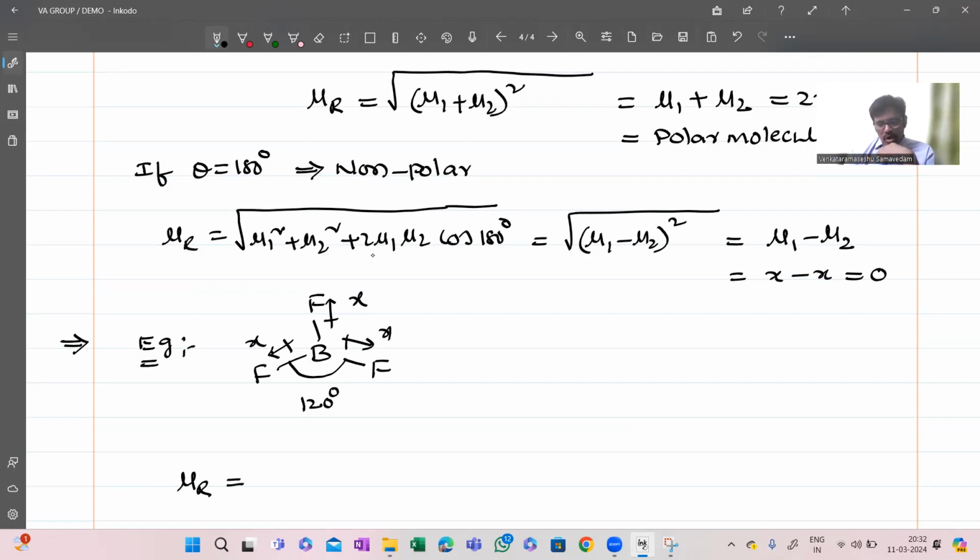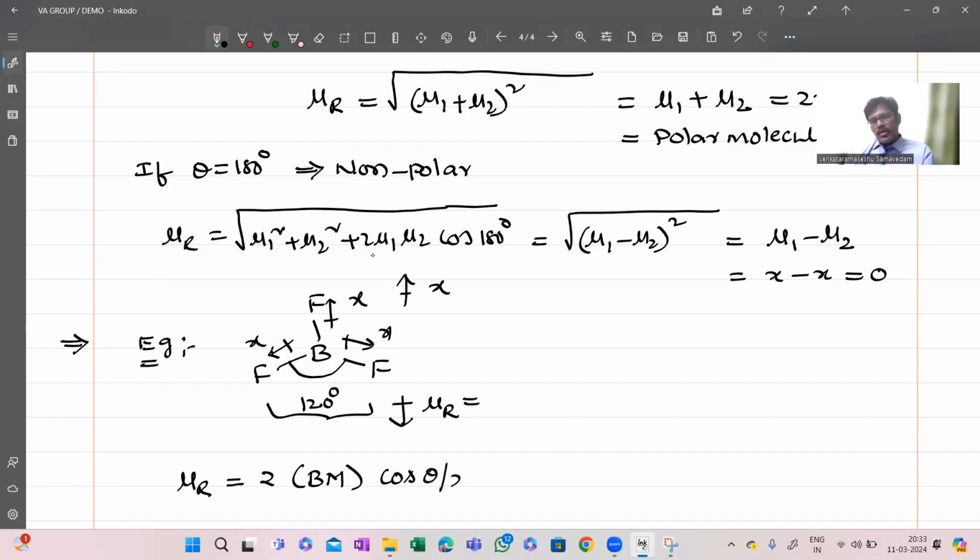But here two bonds are exactly opposite to one bond. In this one bond, the bond moment is X. But for the two bonds, if I want to find the bond moment, we have to use a formula: 2 into bond moment into cos theta by 2.